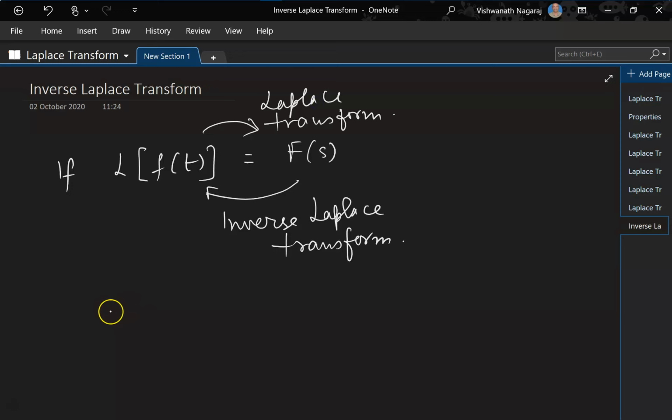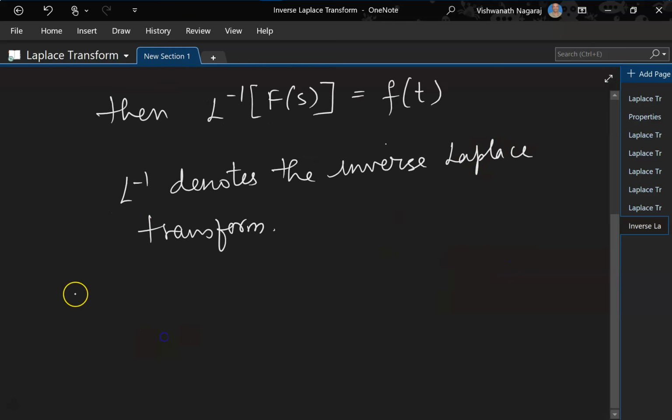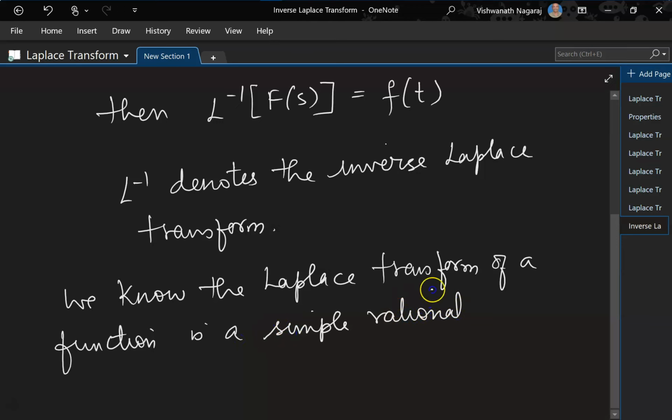So then we write this as L inverse of F of s is equal to f of t. Here L minus 1 denotes the inverse Laplace transform. Now we know that the Laplace transform of a function is a simple rational function.